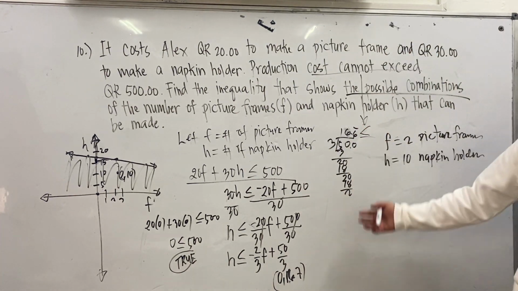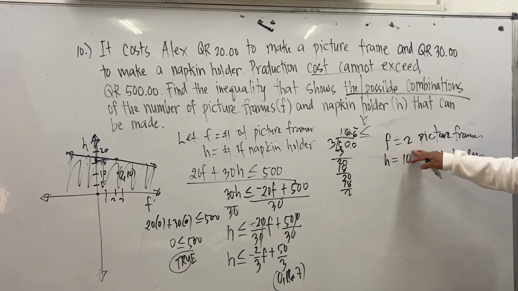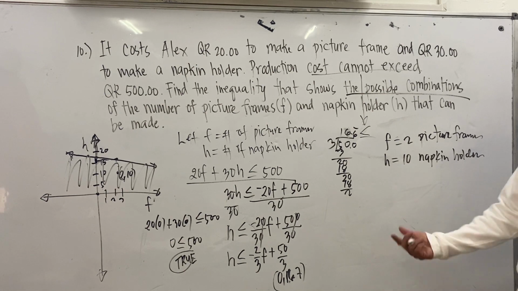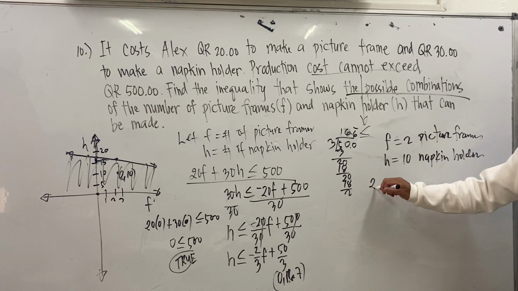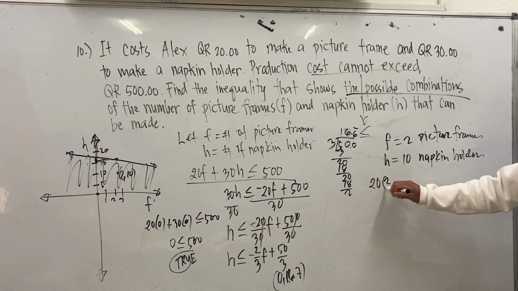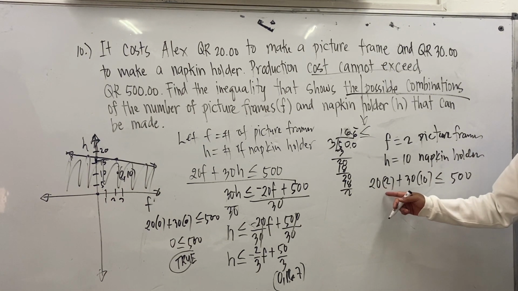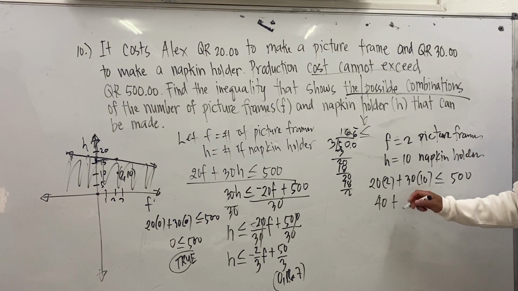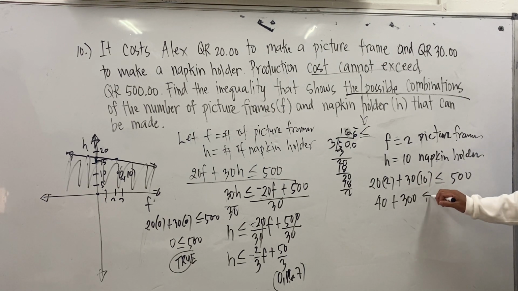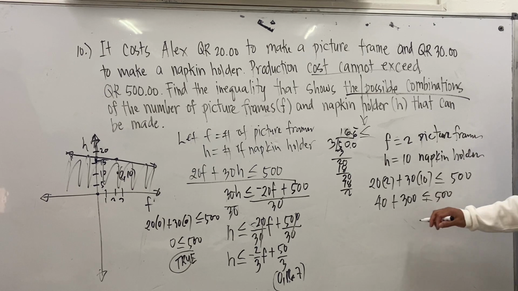To find the possible combination, 2 F then 10 H, let us substitute: 20 times 2 plus 30 times 10 less than or equals 500. 20 times 2 equals 40 plus 30 times 10 equals 300, 340 less than or equals 500.